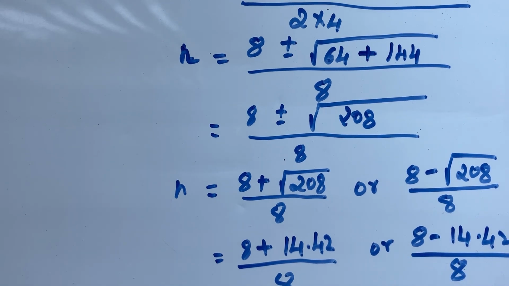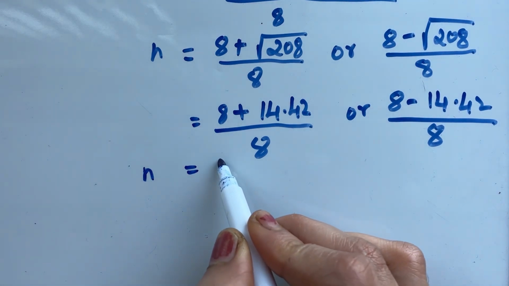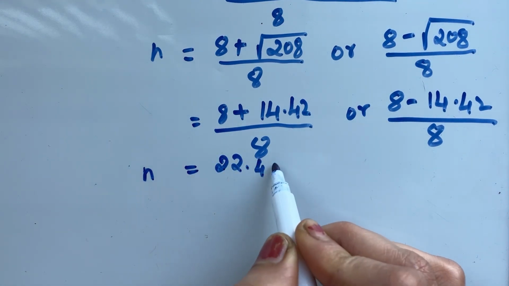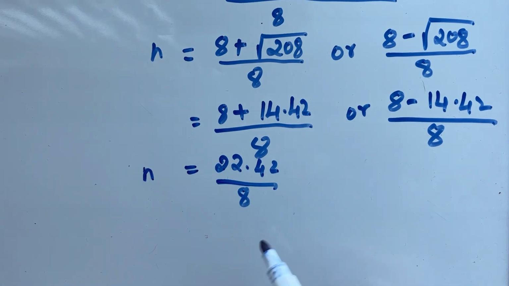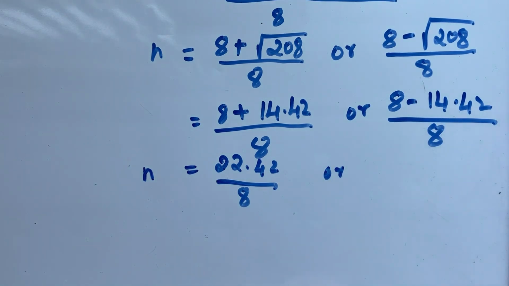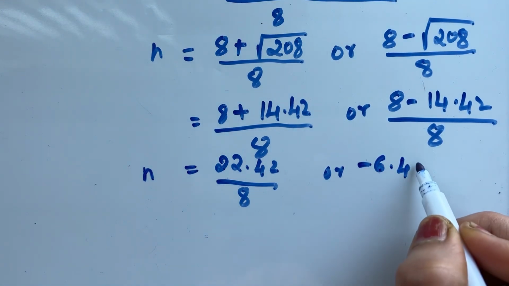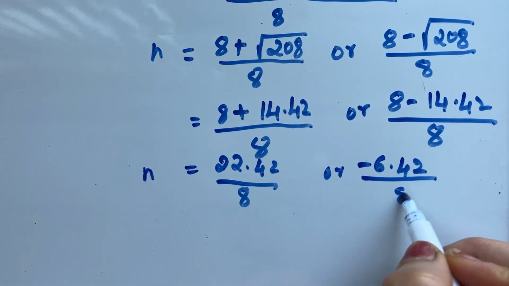Simplifying, you will get n is equal to 22.42 divided by 8, or 8 minus 14.42 is nothing but negative 6.42, divided by 8.